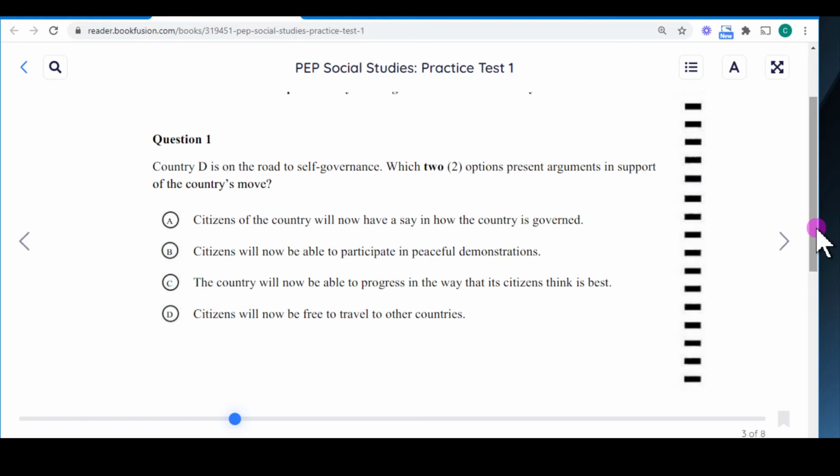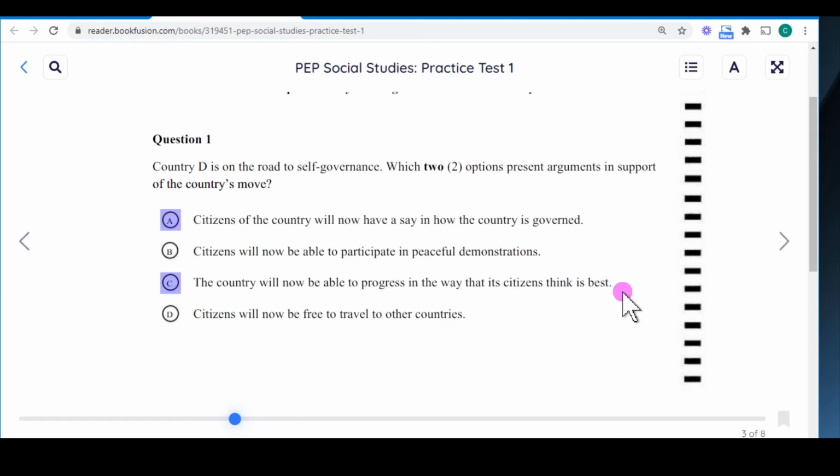So the answers here that we would take would be, if you're in charge of yourself, self-governance, you're able to govern yourself, then we're going to take A, citizens will now have a say in how the country is governed, right? And we can take C in that the country is now able to progress in the way that citizens think is best. All right.